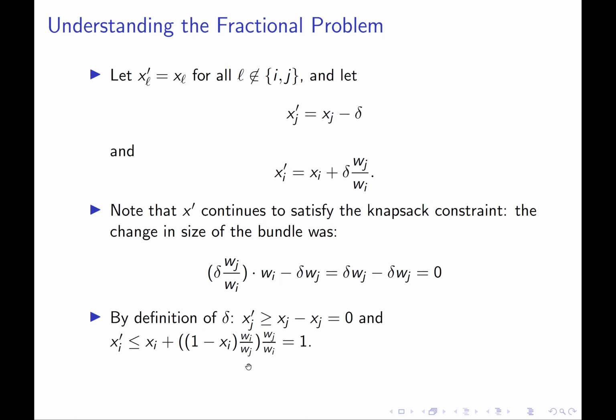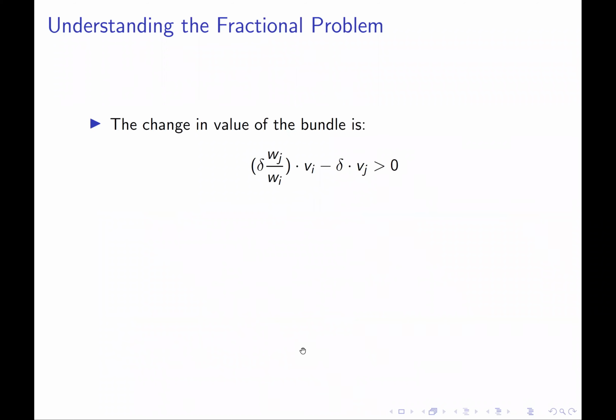And so the wi over wj cancels with wj over wi, and we're left with just xi plus 1 minus xi, which is equal to 1. Okay, and so we also haven't screwed up there. The amount of weight that we added to bidder i has not caused its allocation to exceed 1, and so we still satisfy our feasibility constraints. Okay. So by doing this, we've come up with a feasible solution.